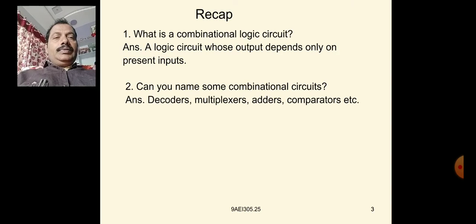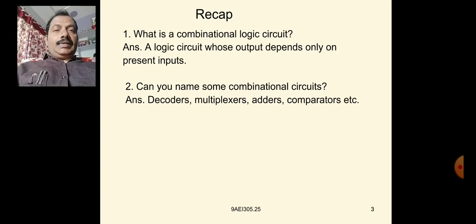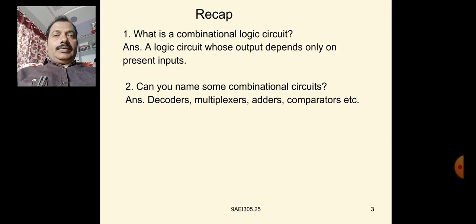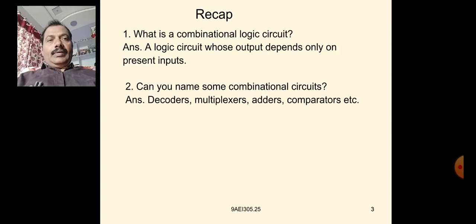So what is a combinational circuit? Just for the recap, the circuit whose output depends only on present inputs, that means outputs and inputs are related with that relational expression, the Boolean expression that we have discussed. Output depends on input variables only.